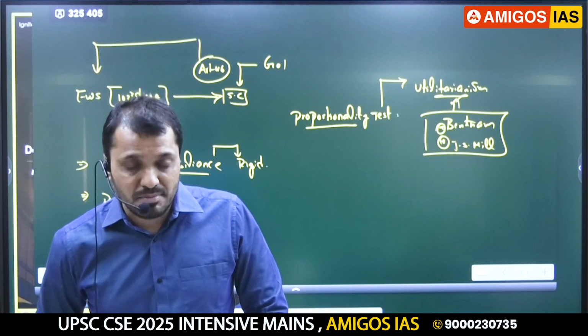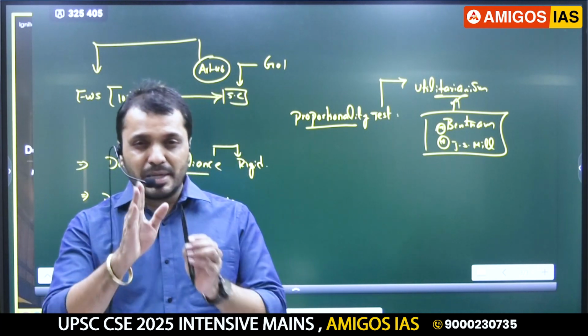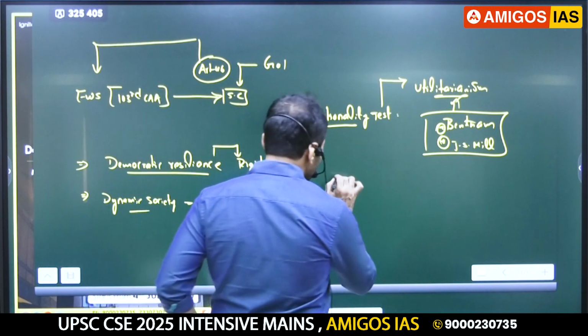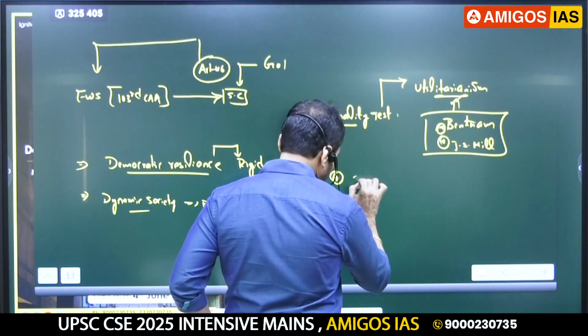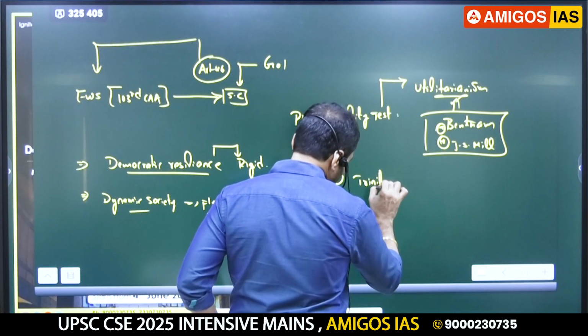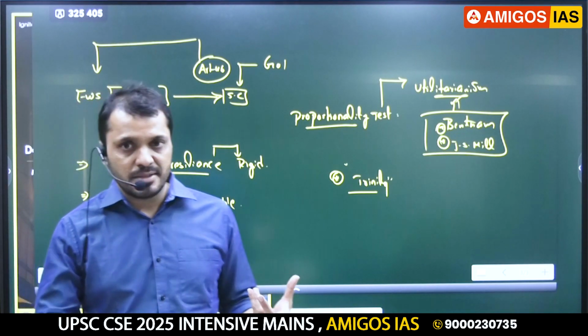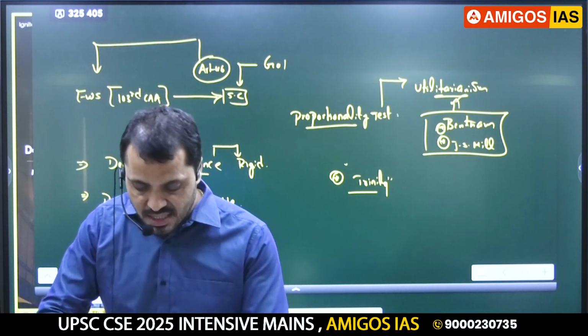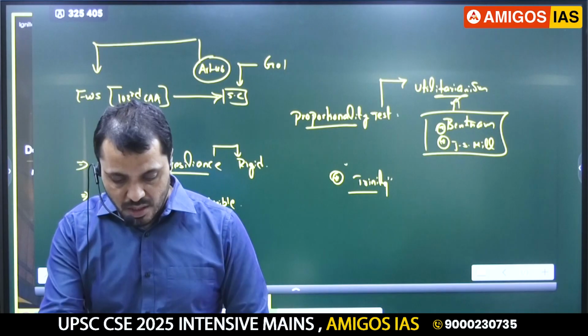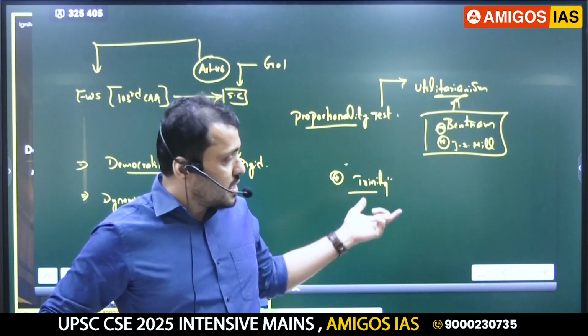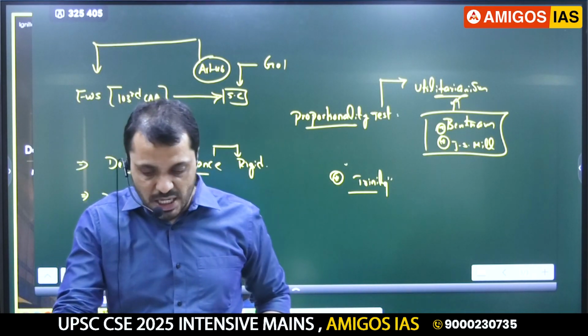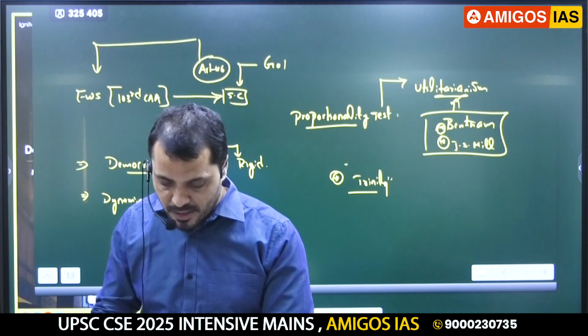When you are writing about any 3 things, like liberty, equality, fraternity, try to write like a golden triangle or Trinity. They act as a Trinity for social justice, and you can also include that they promote substantive social equality.